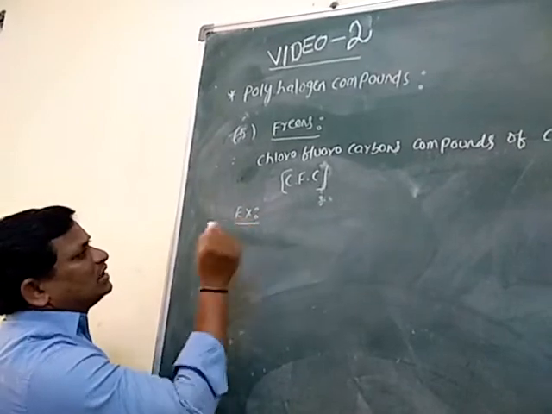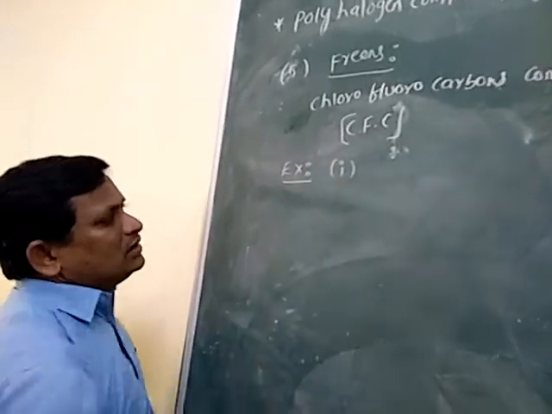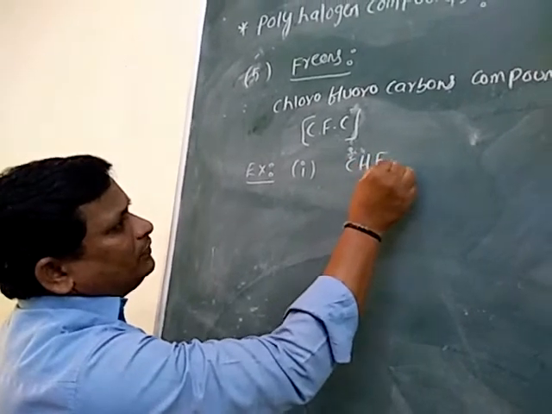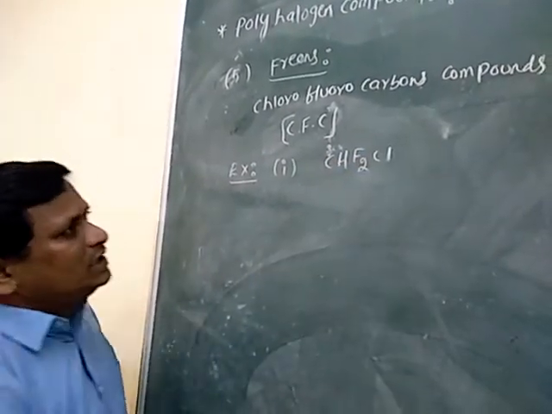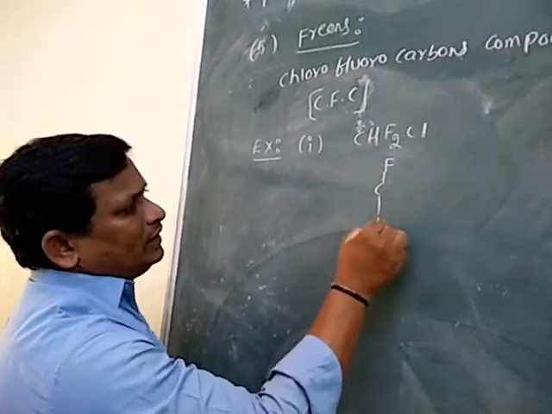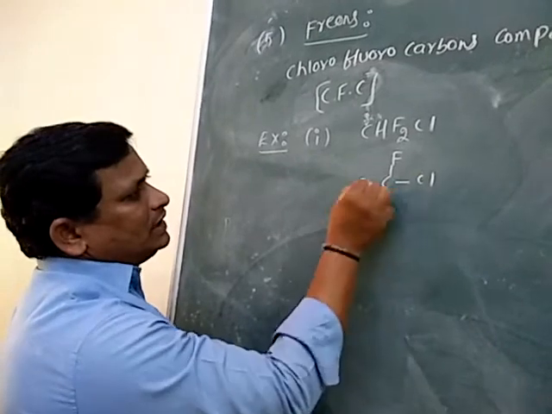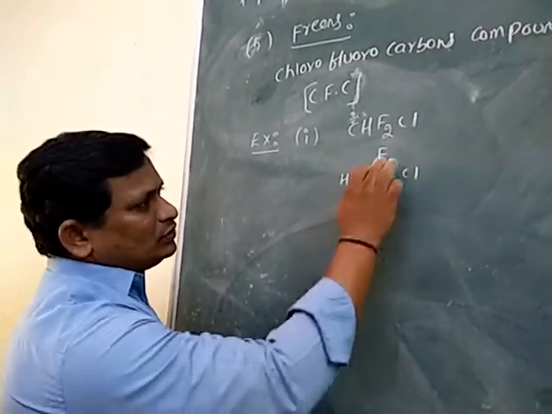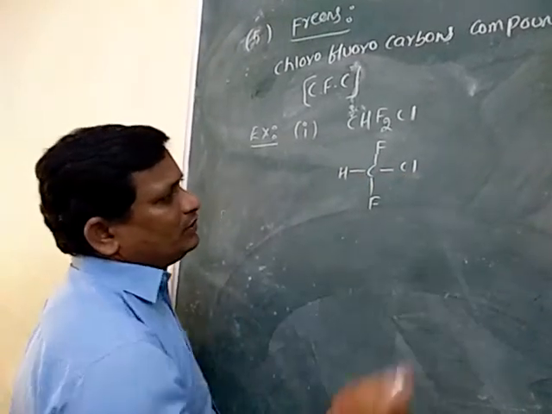Some examples of the prions. Number one is CHF2Cl. It has F, F, Cl, and H on the first carbon, with two fluorines and one chlorine.